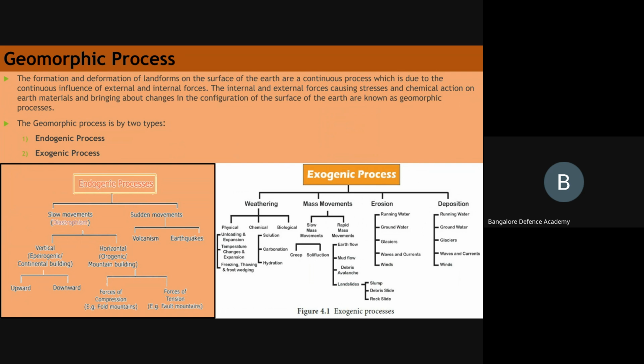Next is called the geomorphic process. See, what does geomorphic process mean? What is geomorphism? Geo means what? Geography. So what is the meaning of geography?